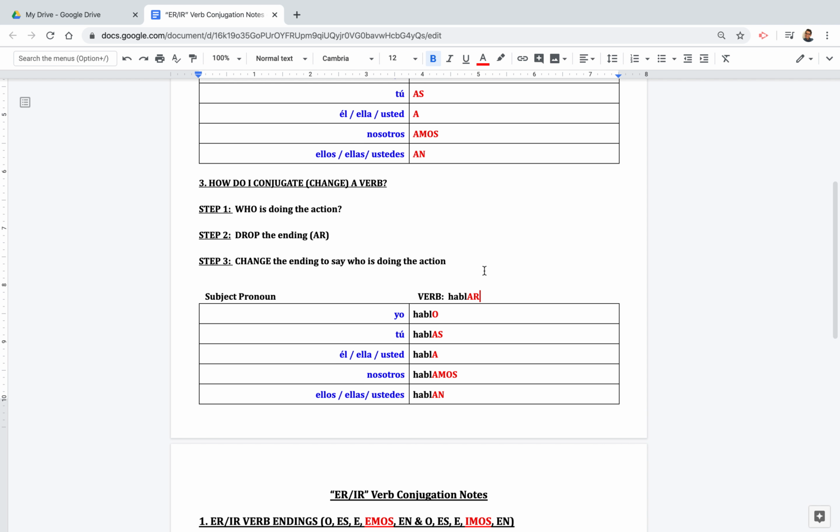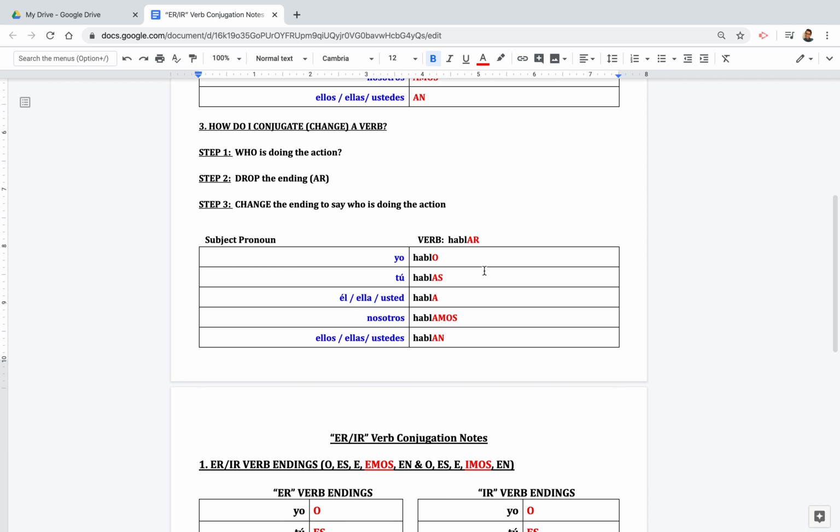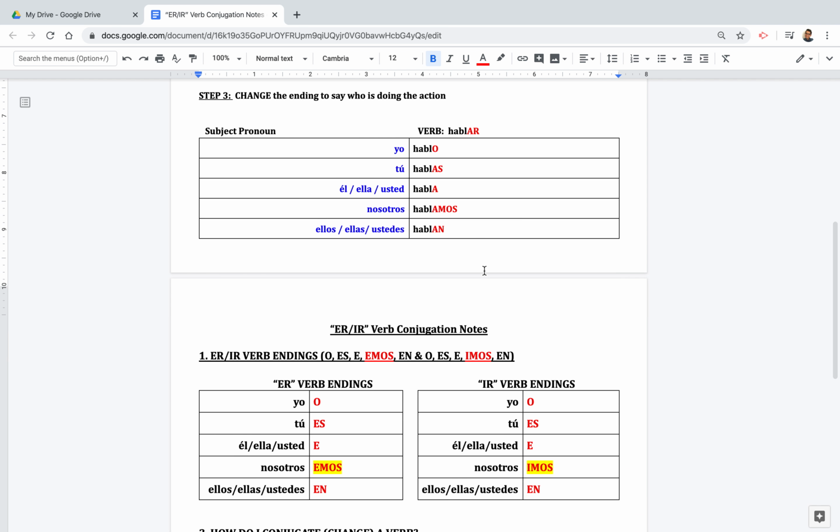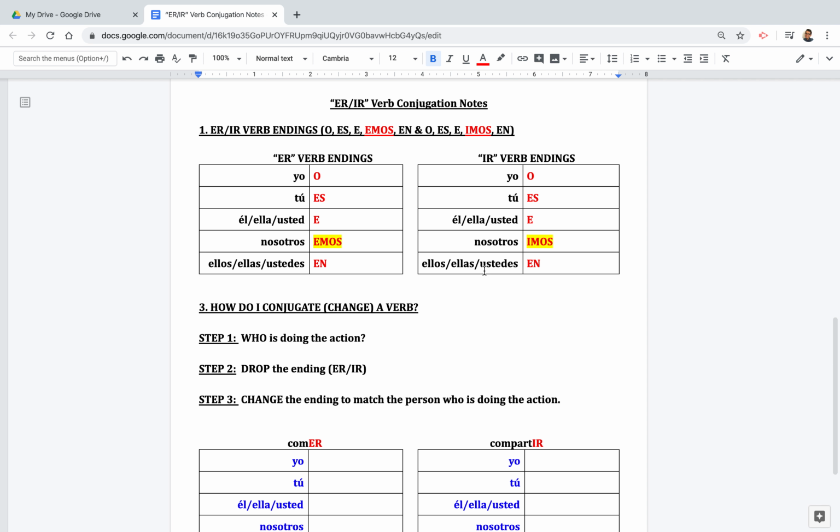Fantástico. We are ready to move on to ER-IR verbs, which are very, very similar. So when we have an ER verb like comer, to eat, and we have to change that verb to match the person who is doing the action, our endings are going to be o, es, e, emos, en.